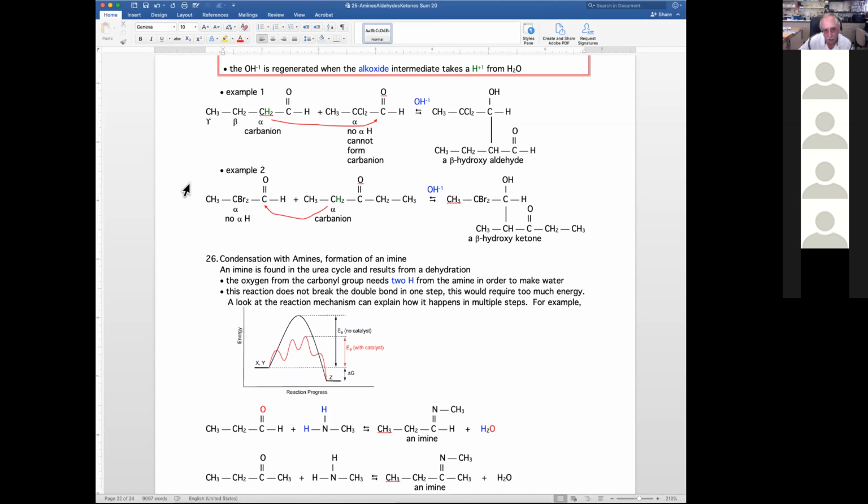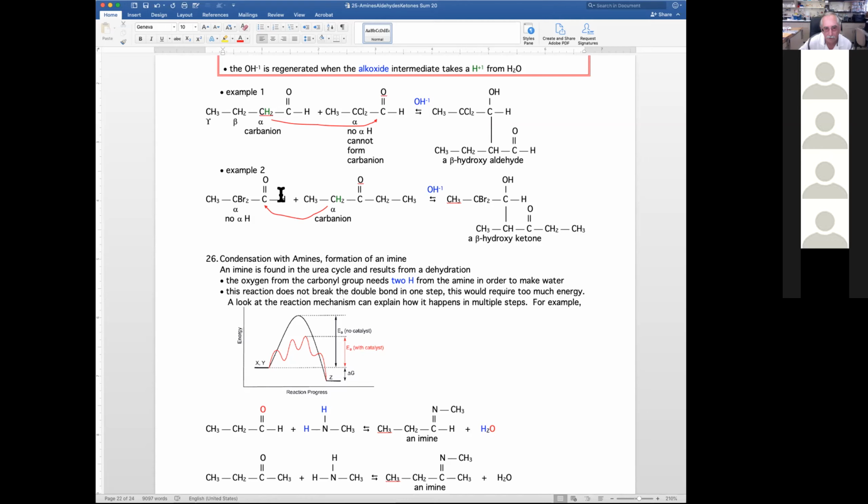Again, if this were on the exam, I'm seeing that hydroxide ion, and I'm thinking already, where is an alpha hydrogen I can take off? Okay, here's an alpha hydrogen. Here's an alpha hydrogen. Look at the trick that we did. This is identical to this. So it doesn't matter which one I use to attack the other carbonyl group.